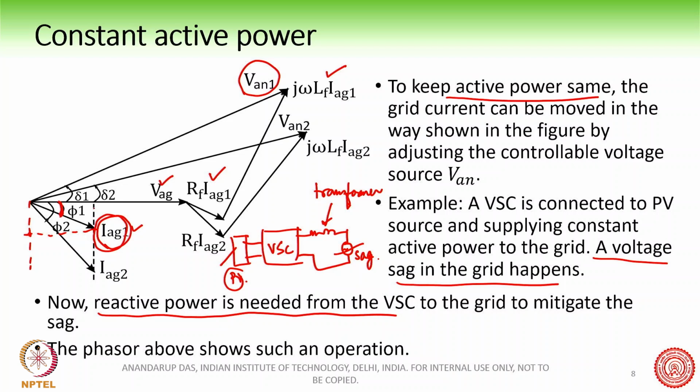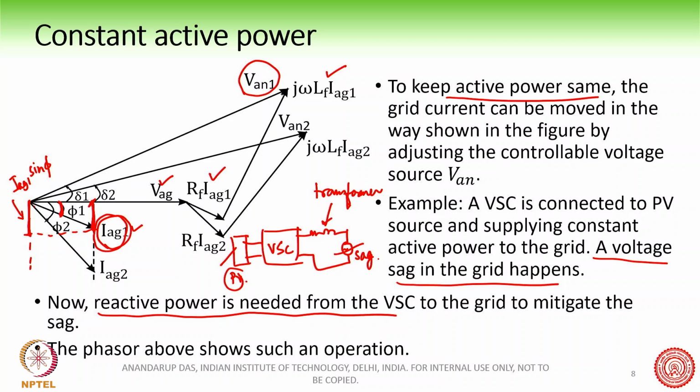You see here this projection corresponding to IAG cos phi. IAG cos phi is constant, the active power from the PV is constant, whereas at this point IAG sin phi, proportional to IAG1 sin phi, is the reactive power being exchanged with the grid at this point of time.